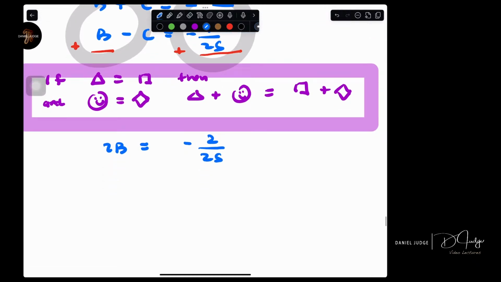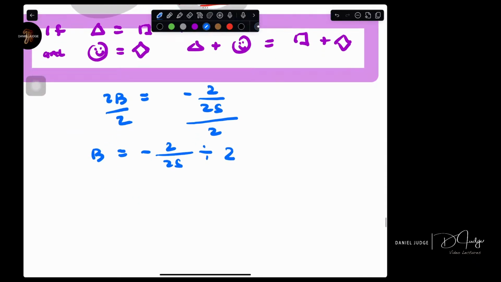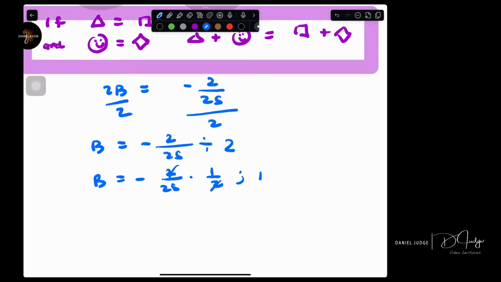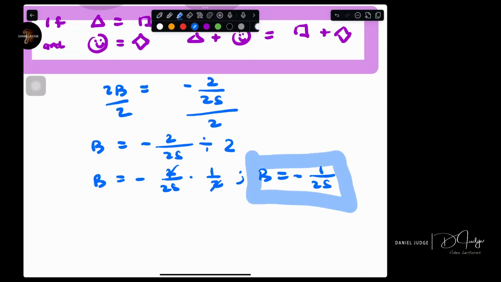So I can solve for b now by dividing both sides by 2. And I get b is -2 over 25 divided by 2, -2 over 25 times 1/2. And your b will be -1 over what? 25. There we go.